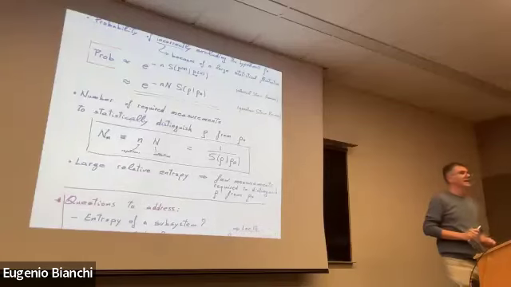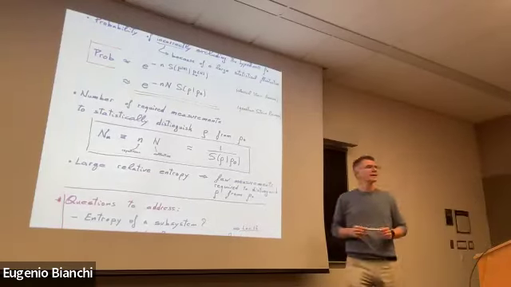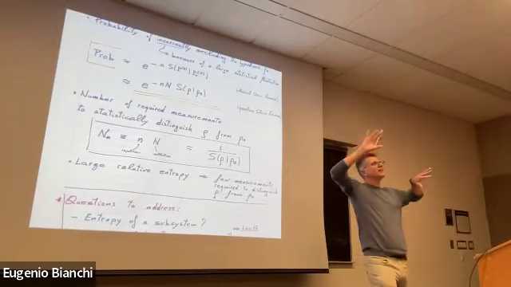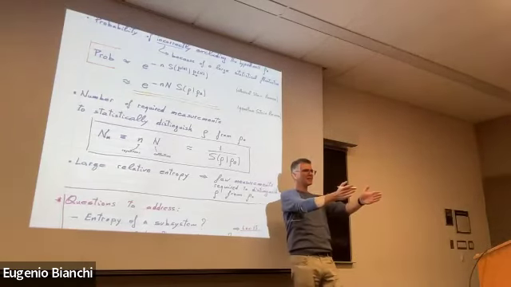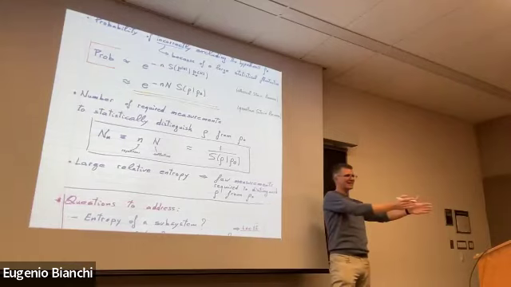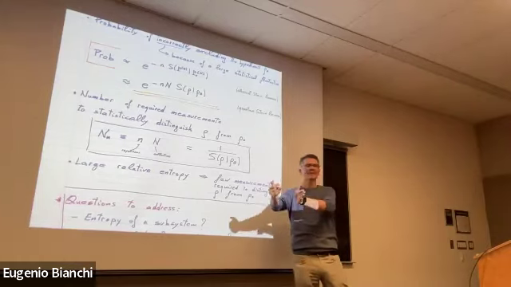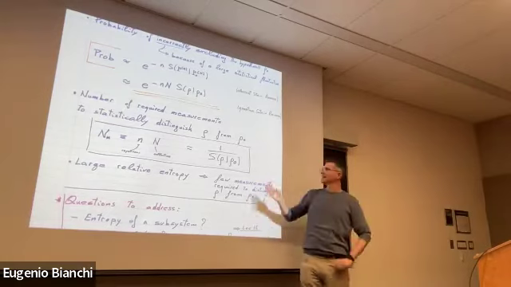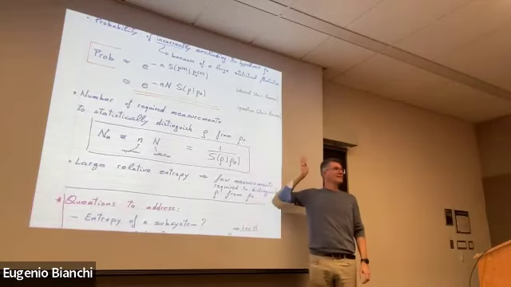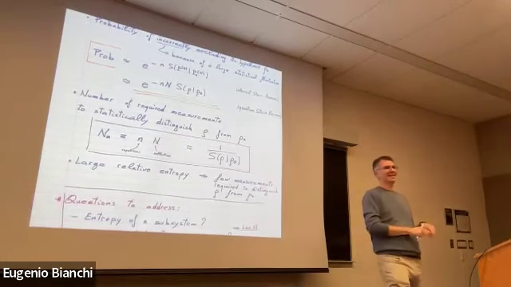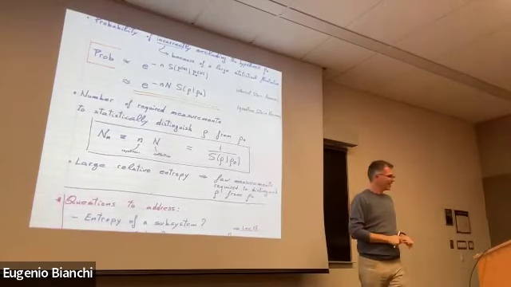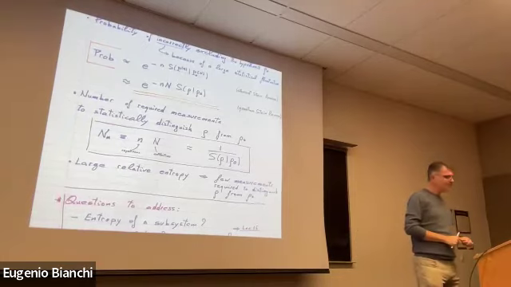Otherwise, you get an inequality. You choose a set of compatible measurements. The classical relative entropy bounds from above the quantum relative entropy. So in a sense, this is the proof that you can saturate that bound, but to saturate it, you need collective measurements.